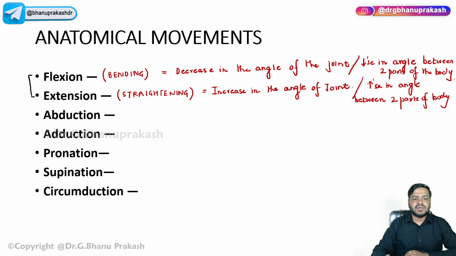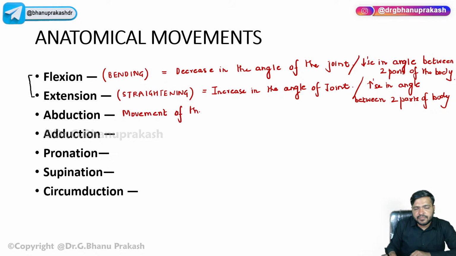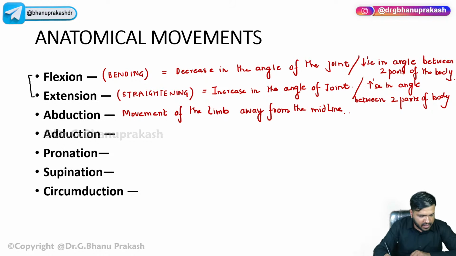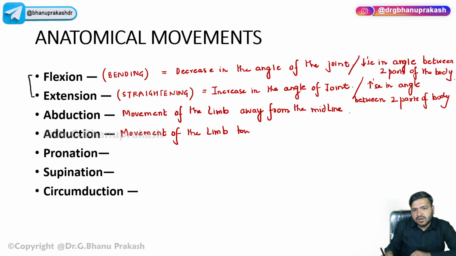Very good. Just try to pen down the definition over here. So abduction means movement of the limb away from the midline, right? And adduction means movement of the limb towards the midline of the body, right?